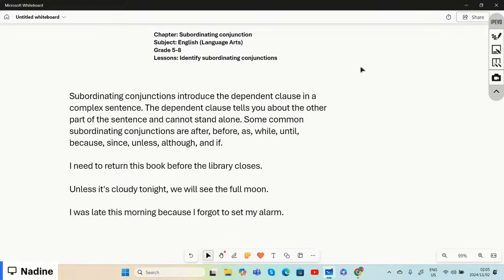And the lesson that we are going to be doing under the chapter of subordinating conjunction is to identify subordinating conjunctions. All right.